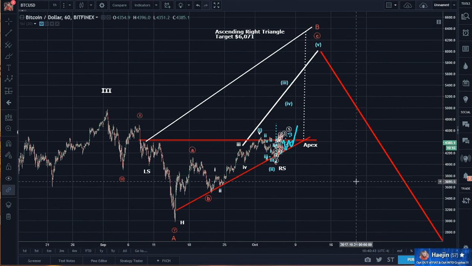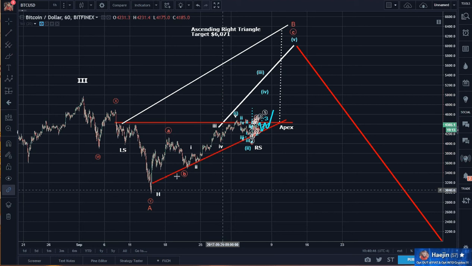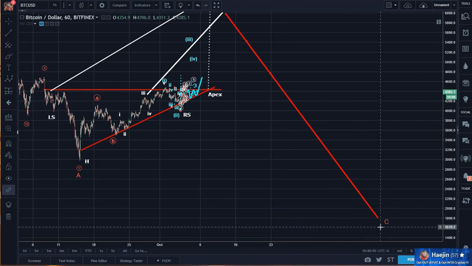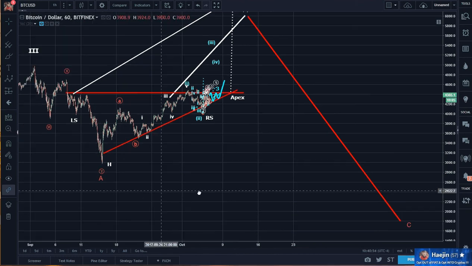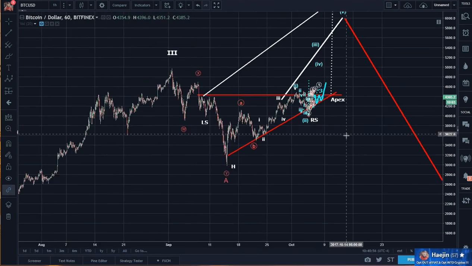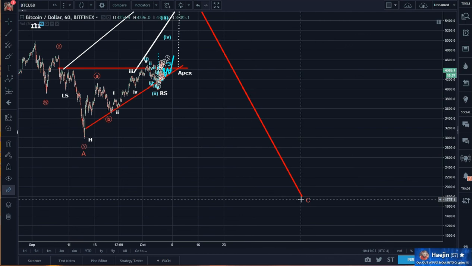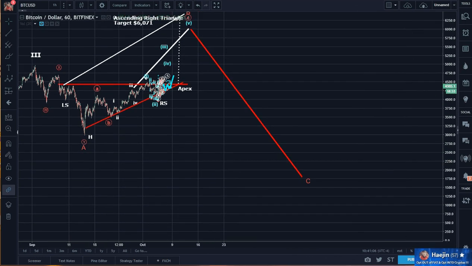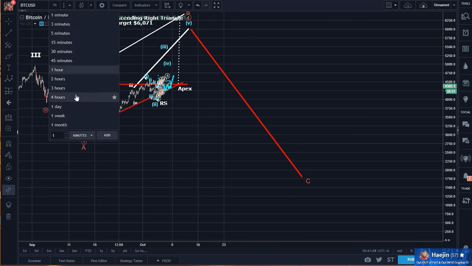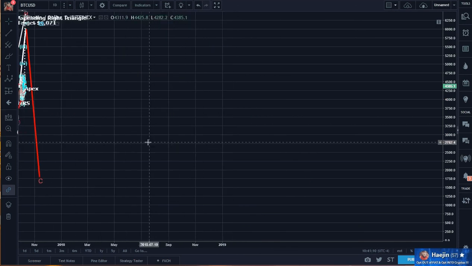But the big picture I have here is that we are in A, B, and C. This will then be the wave 4, not here. We are in a big A, B, expanded flat. A, B, and C. And after that, then let's go to the daily.